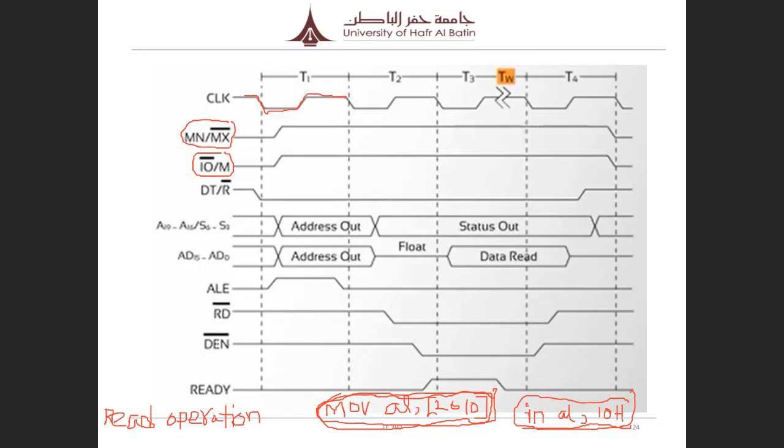For example, at the beginning it is high, then the rest of the time it is low. It is like that. Okay, is it clear? So you have to look at whether it is a memory related read or input output related read.